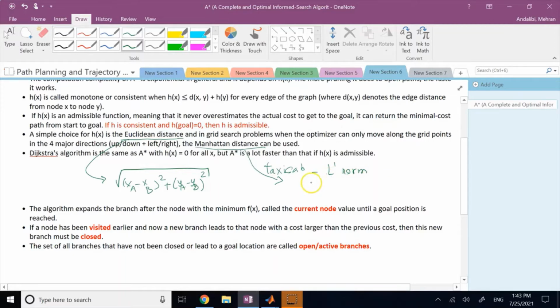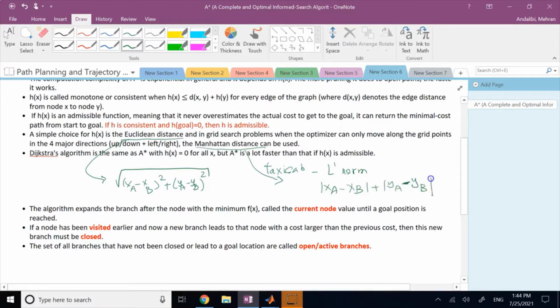This is basically the summation of the difference between the x's and the difference between the y's. Actually, in this case, it's just simple. I don't even need a summation because I only have two numbers in my array. So it's just the absolute value of xa minus xb, and then plus the absolute value of ya minus yb.